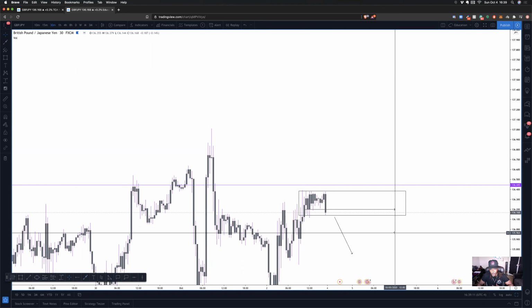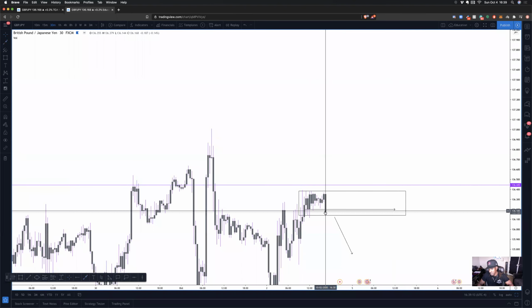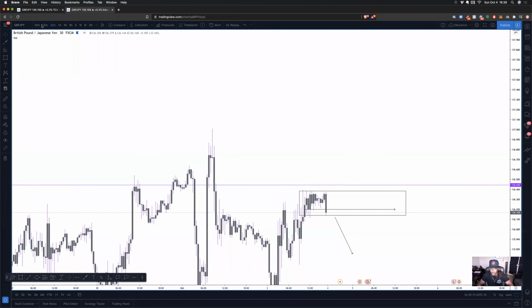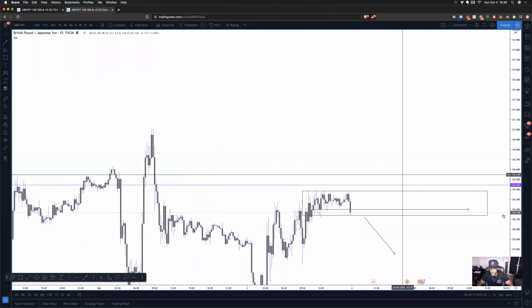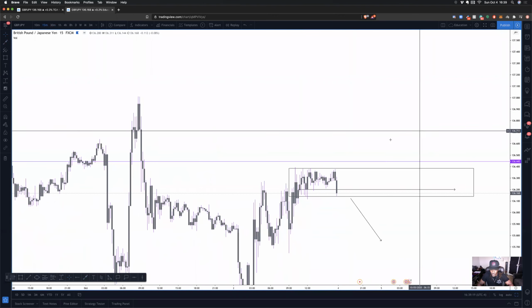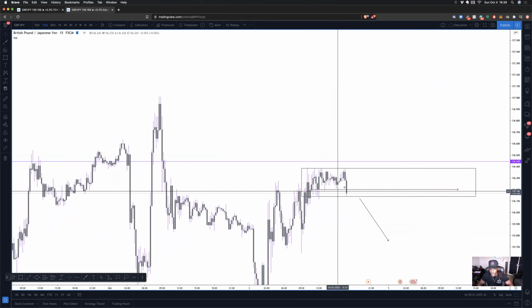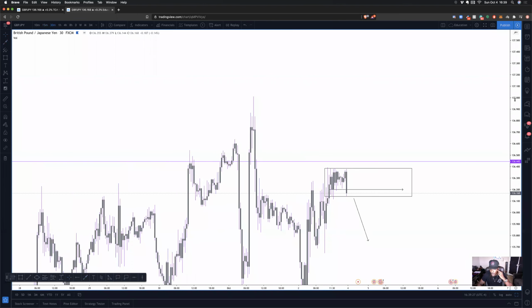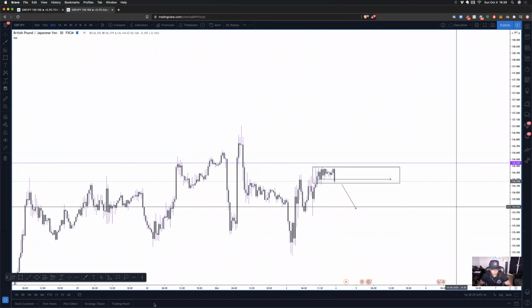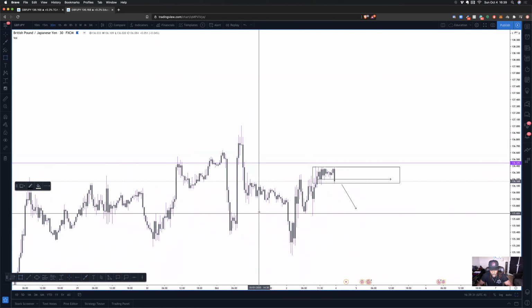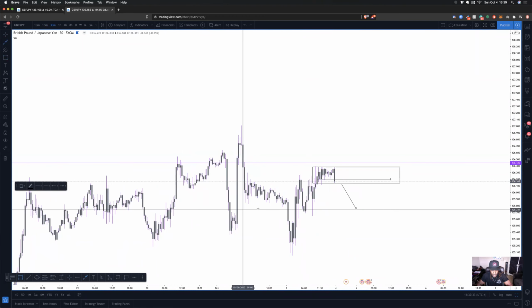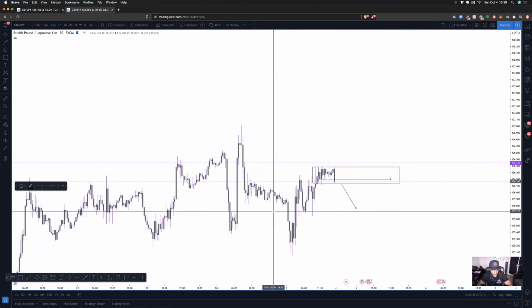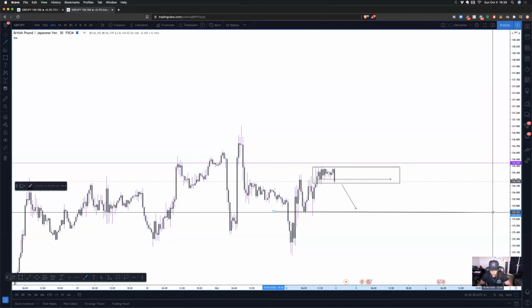So for me, that in itself would somewhat be enough based on what I'm seeing on the higher time frame to indicate to me that price is going to come lower. Now, from an intraday perspective, you have to keep in mind price is looking bullish on the higher time frame. So you want to see where these lower time frames are finding support.